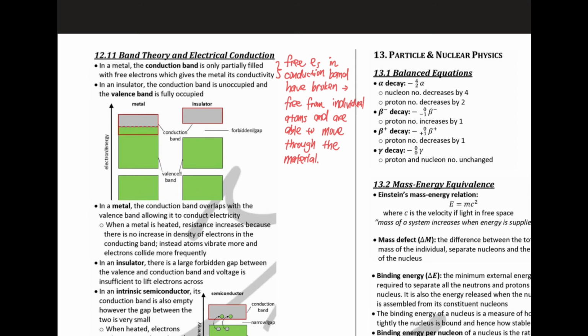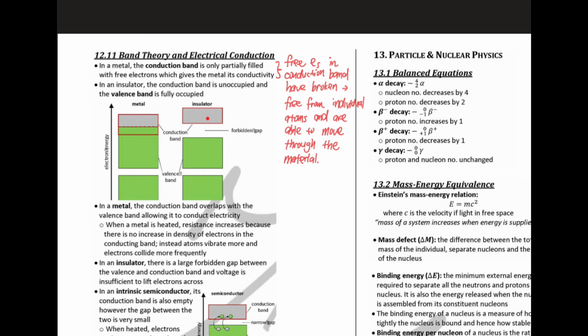Okay. Now let's see insulator. In an insulator, the conduction band is unoccupied. Just now this is partially filled. This one is unoccupied. And the valence band is fully occupied. So valence band full of electrons, but conduction band, no electrons.